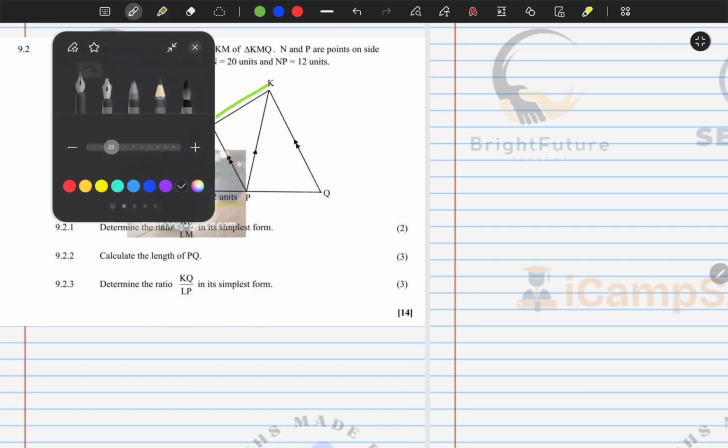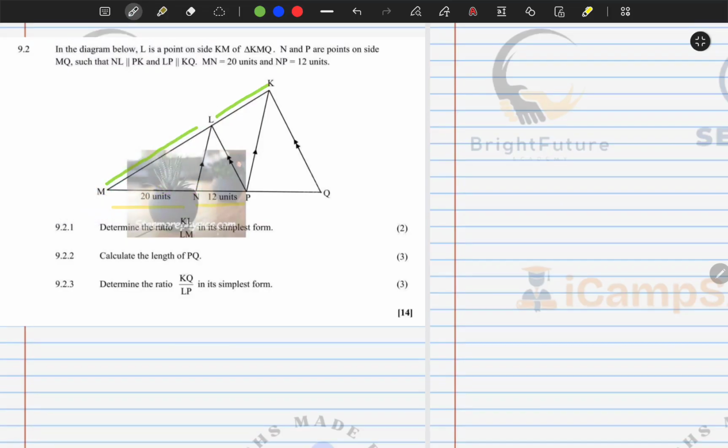Let's see what is happening. For 9.2.1, if we're looking for KL divided by LM, this will be equal to PN divided by NM.